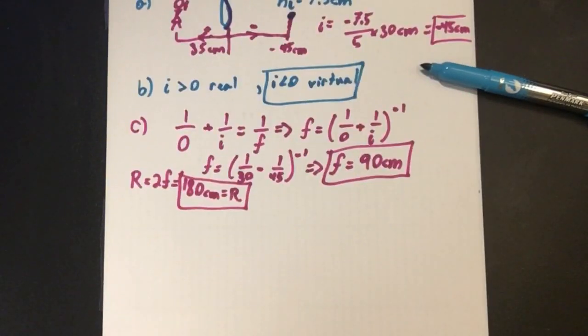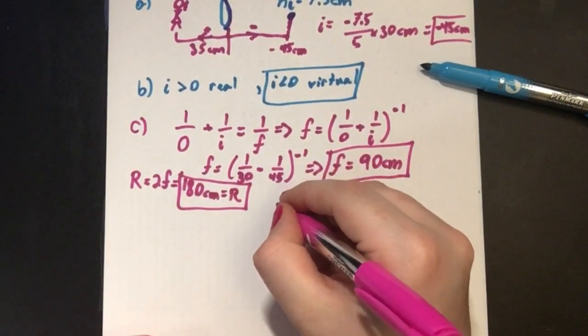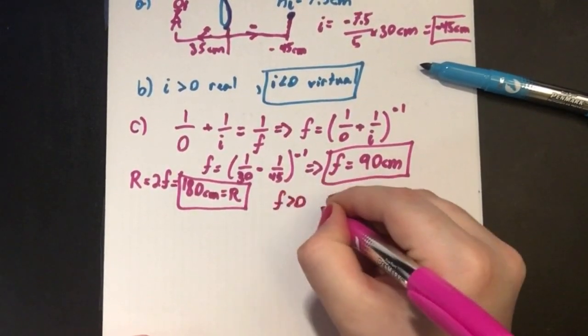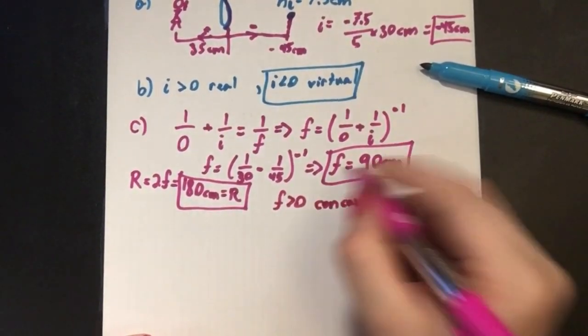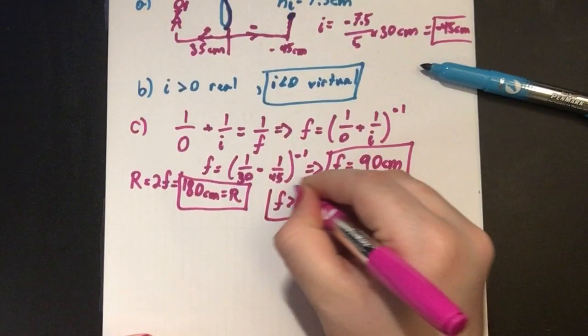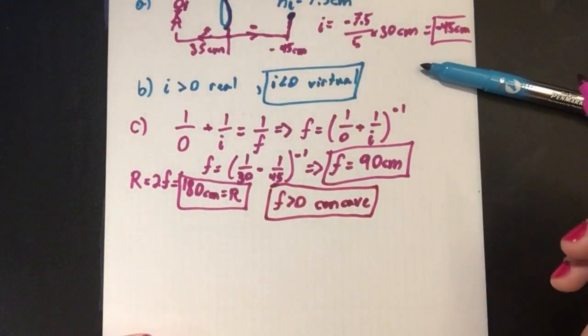Okay? Now it says, is Lucy's mirror convex or concave? Once again, this is a handy rule. If F is greater than 0, the mirror is concave. If the focal length is less than 0, it's convex.